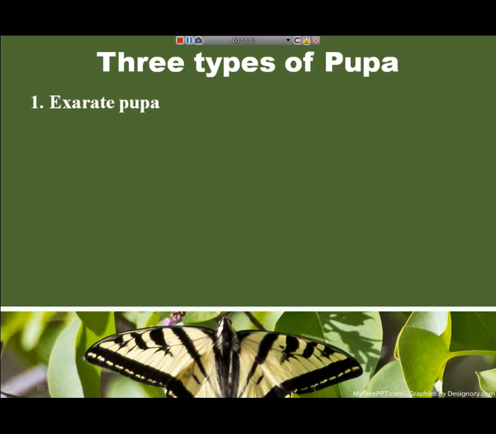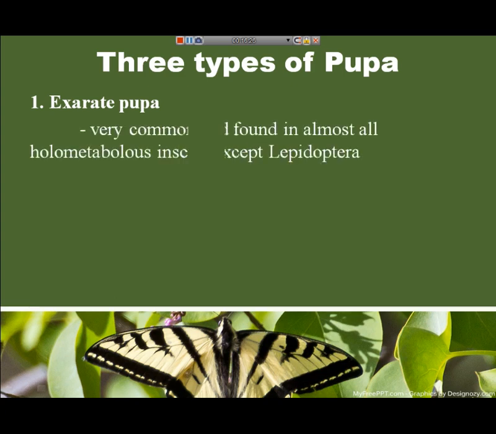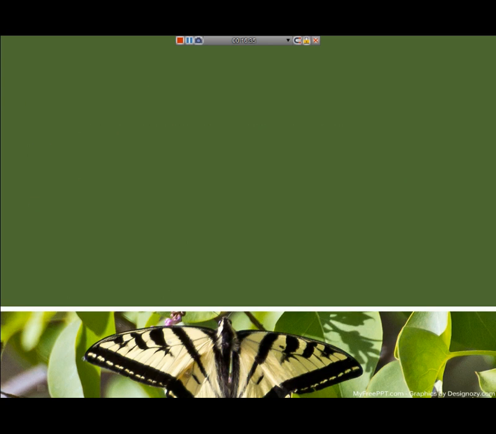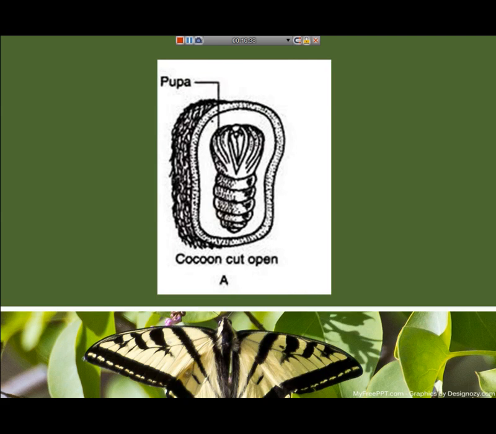This pupa is characterized by the presence of free legs and appendages, and the abdomen is capable of movement. It is also called the free pupa. This figure is an example of an exarate pupa, which is cut longitudinally and has a protective covering called the cocoon.